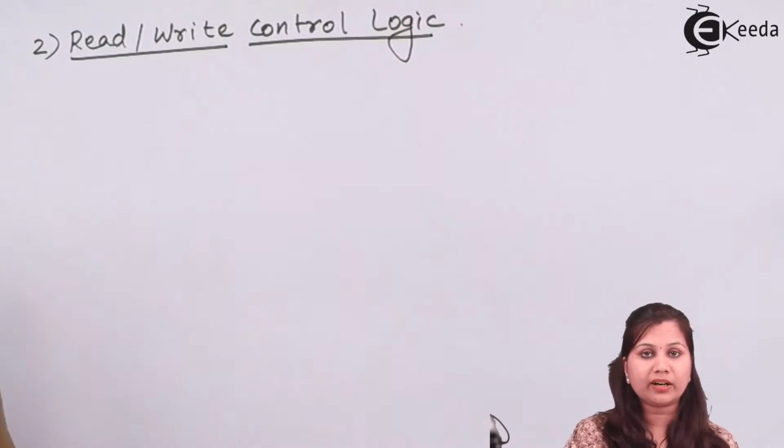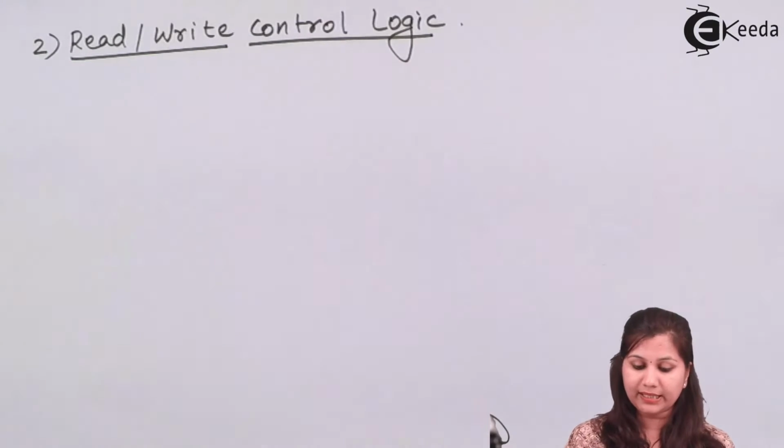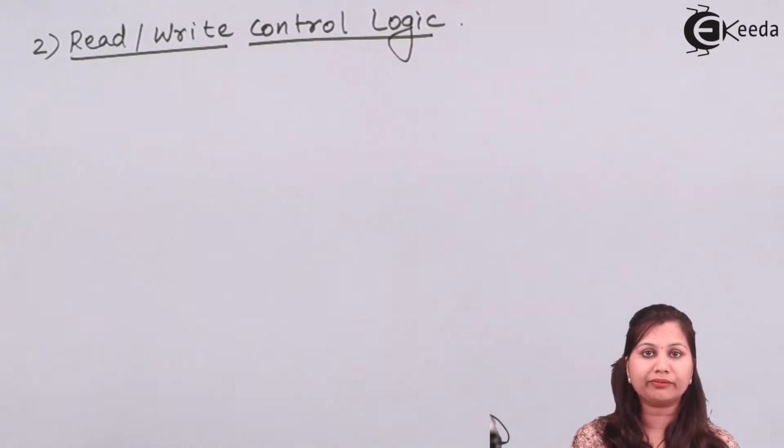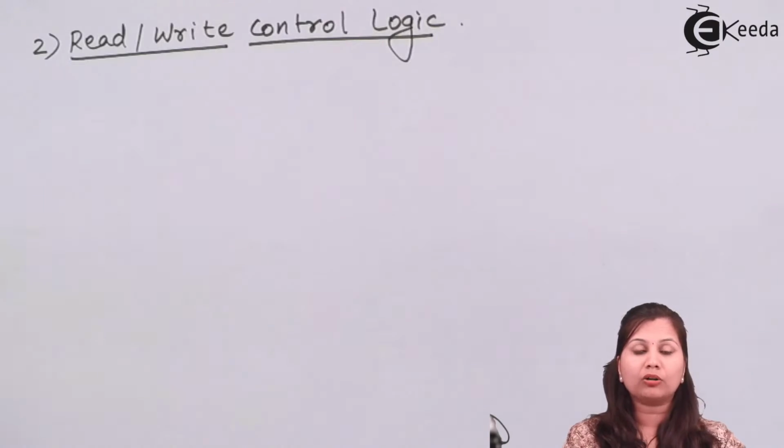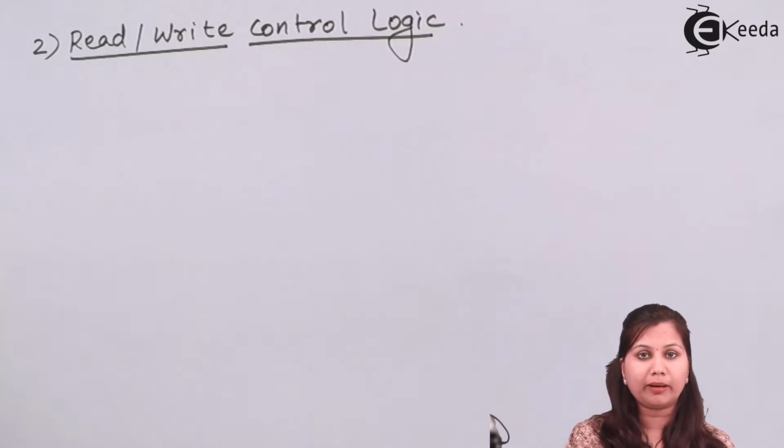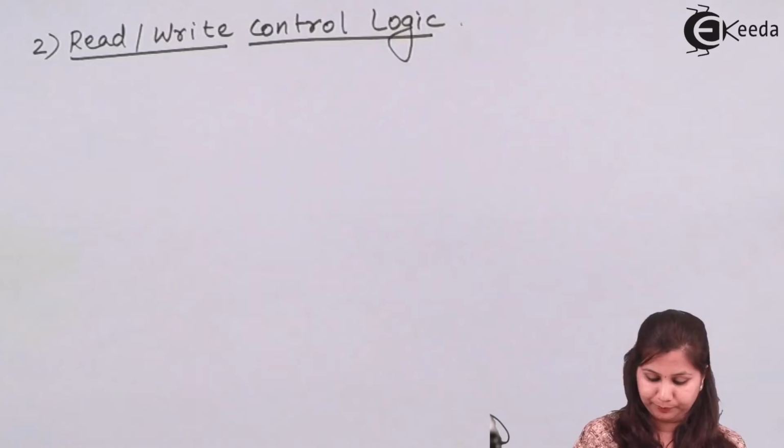So what this read and write control logic is doing is interfacing the 8251 with the microprocessor, and it determines the functions of the 8251 according to the commands given by the microprocessor.